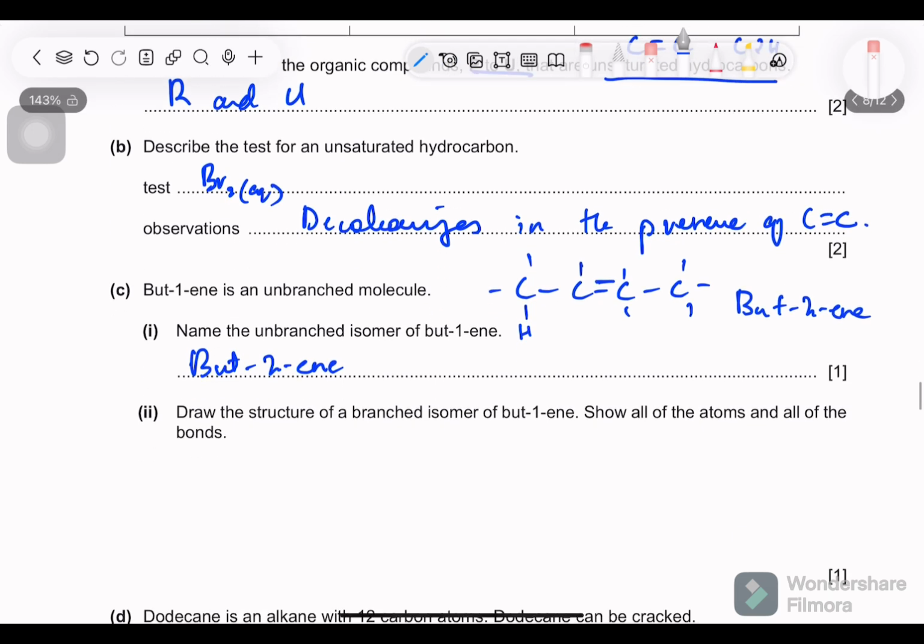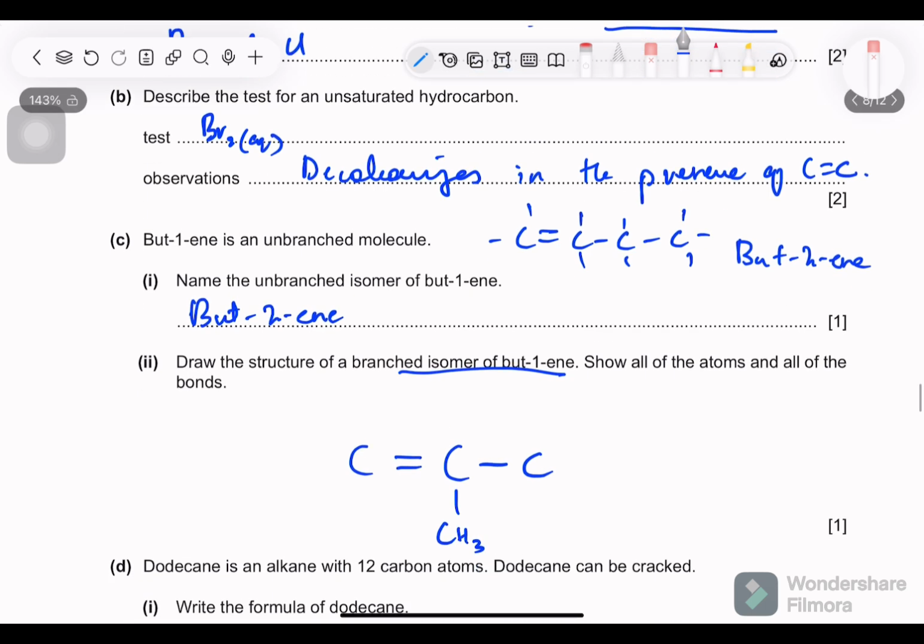Draw the structure of a branched isomer of but-1-ene. Show all of the atoms and all of the bonds. So if this is but-1-ene, we just have to get a branch, and a branch over here, CH3. And they want all of the bonds, okay?